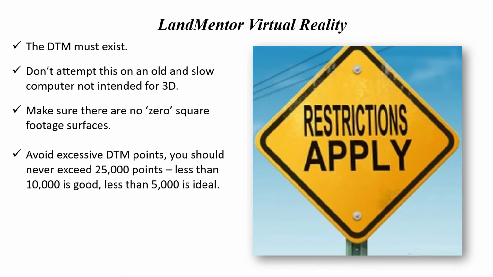I would never exceed 25,000 points unless you have the very latest, greatest Intel or AMD i9 12th gen processor. Then maybe you could go up to 50, 70,000 points. Less than 10,000 is good, less than 5,000 is ideal. But as you use this, you want to filter those DTM points down.